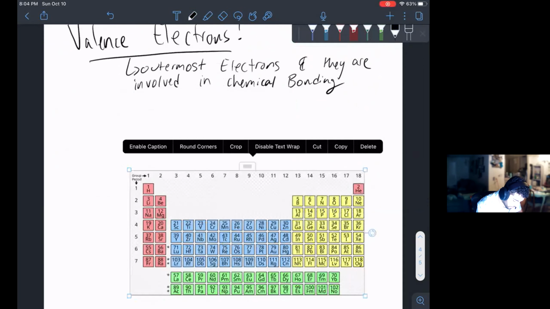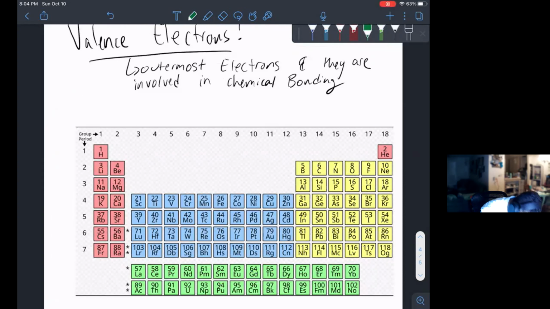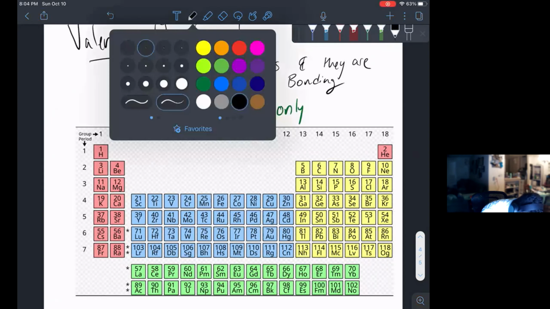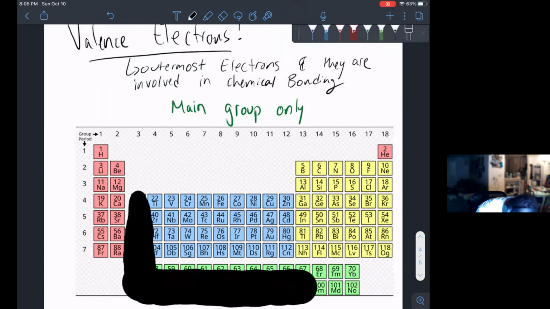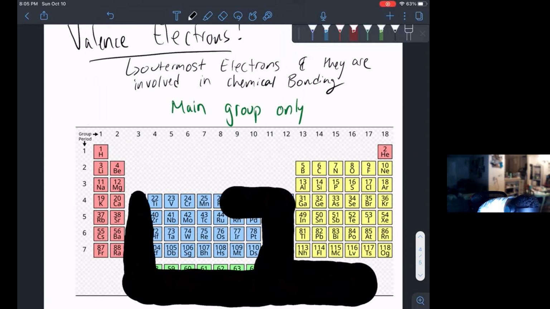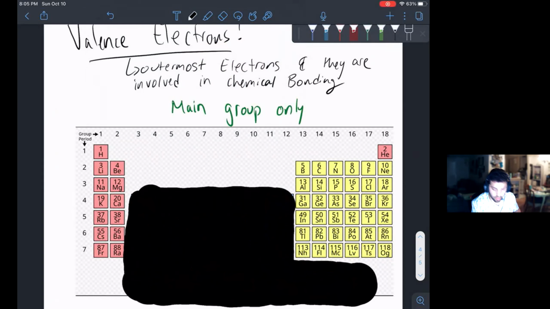So if we look at our periodic table, we're going to look at main group only, which means I can go ahead and just block some of this out. So we're not going to look at the transition metals or lanthanides and actinides. Instead, we're just going to look at the main groups.